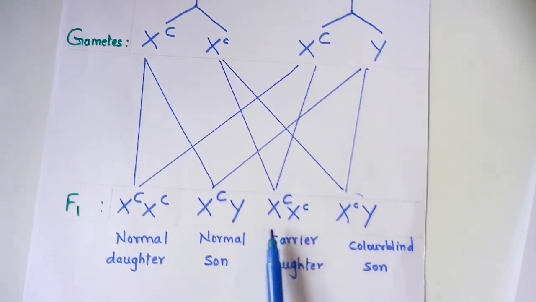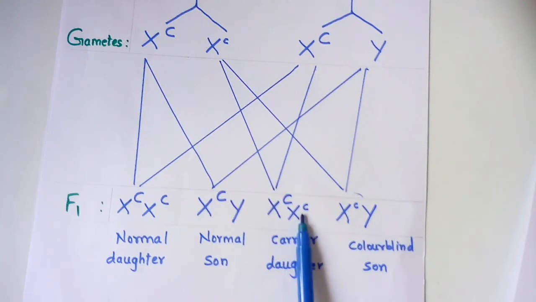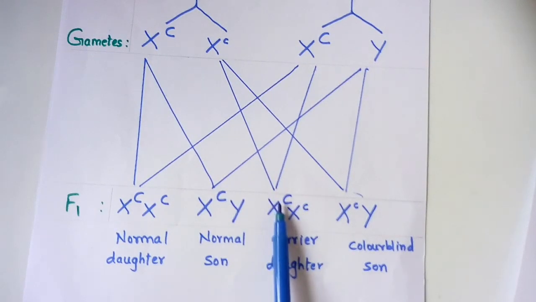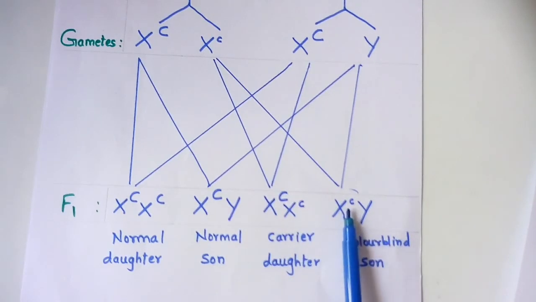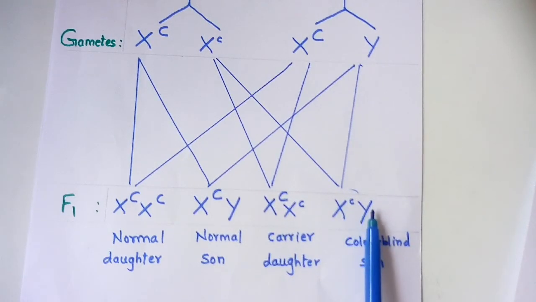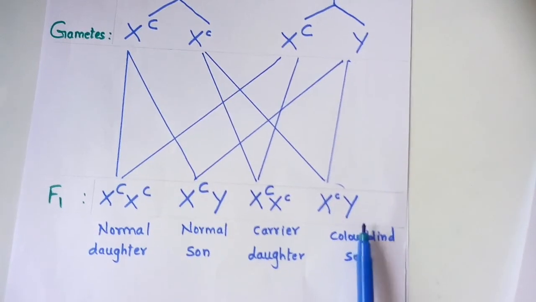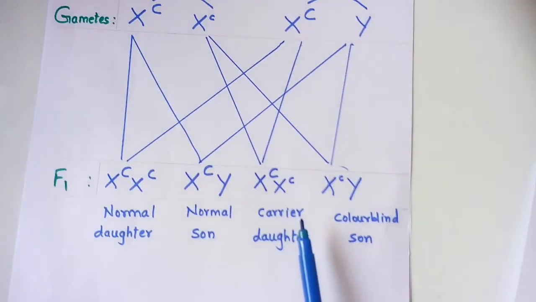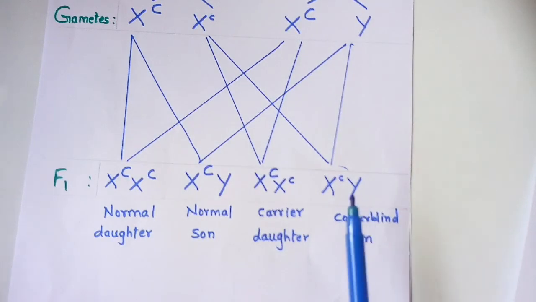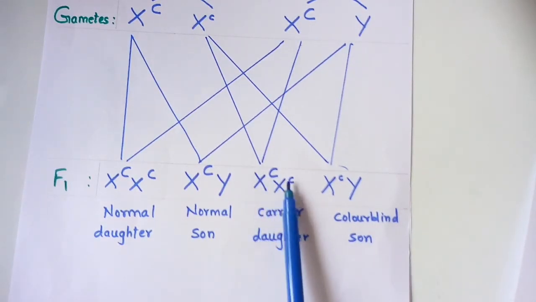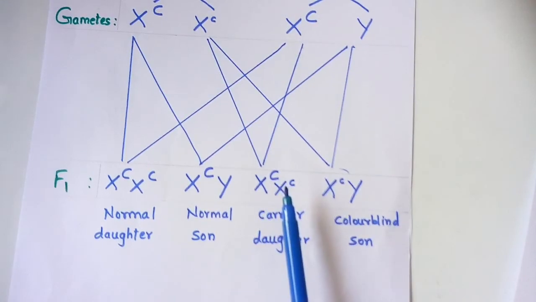For a carrier daughter, one has to be a recessive gene, the other a dominant gene. But since there is no alternative allele on the Y chromosome, the son becomes colorblind. Females can only become colorblind when the recessive gene is present on both X chromosomes.